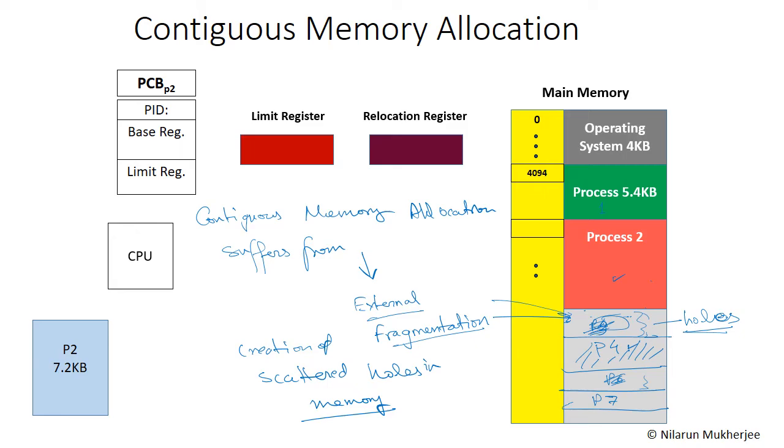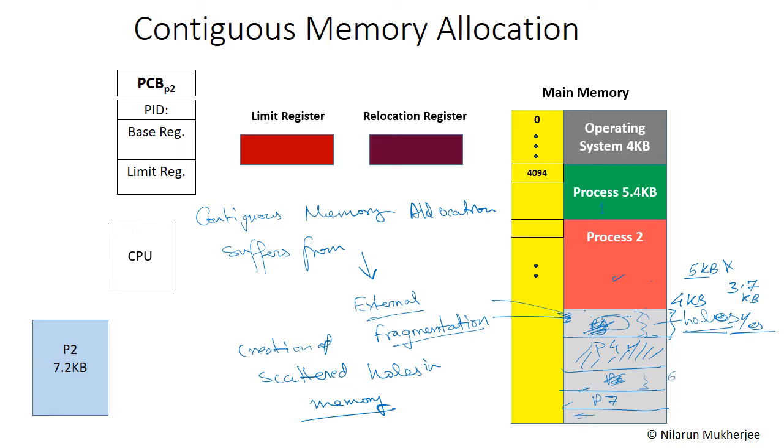So will we just abandon them? No, we can use them by inserting some other process in them if they fit. Suppose this hole is of 4 KB. Can I fit a process of 5 KB here? No. But there is a process of 3.7 KB. Can I fit that in this hole? Yes, I can fit. I may not go here or here.